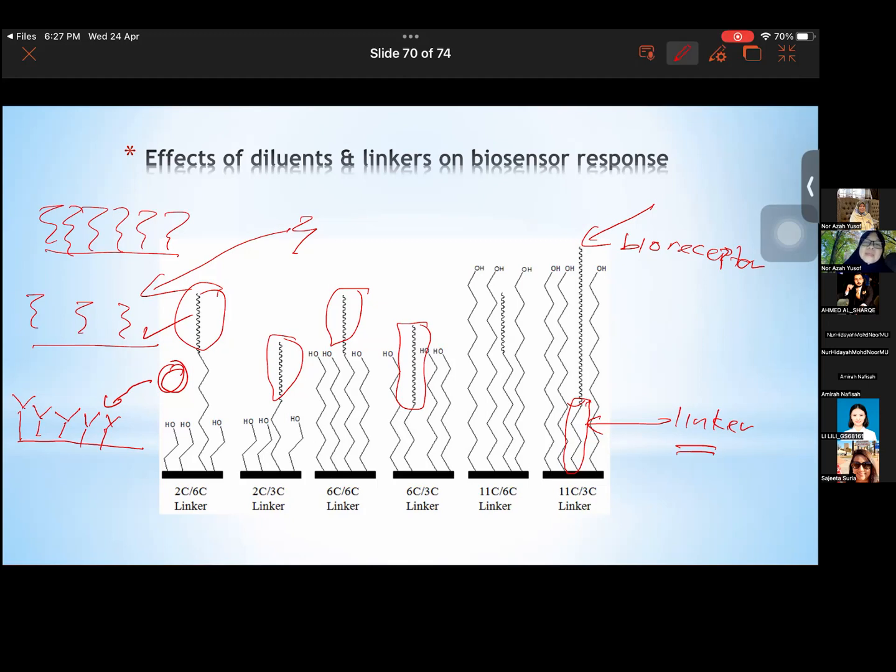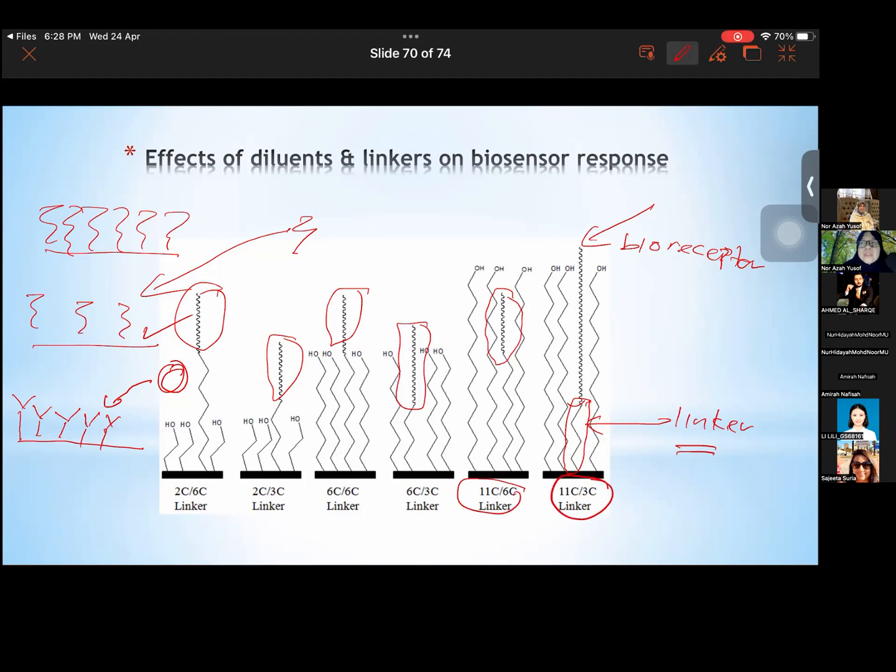All right. So let's see what happens if your friend is shorter than everyone else, then you have difficulty. So this is the one that we call the need for linker. You can see that there are different sizes of linker here.